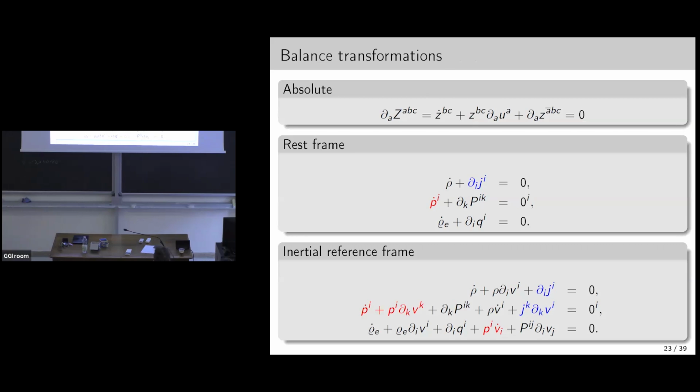What may be interesting to observe is that this is the rest frame form, and this is the laboratory frame form, and the red terms are related to the momentum density, which does not move together with the fluid. Therefore, rho times v is not the momentum automatically. Otherwise, in the rest frame, it would be 0.